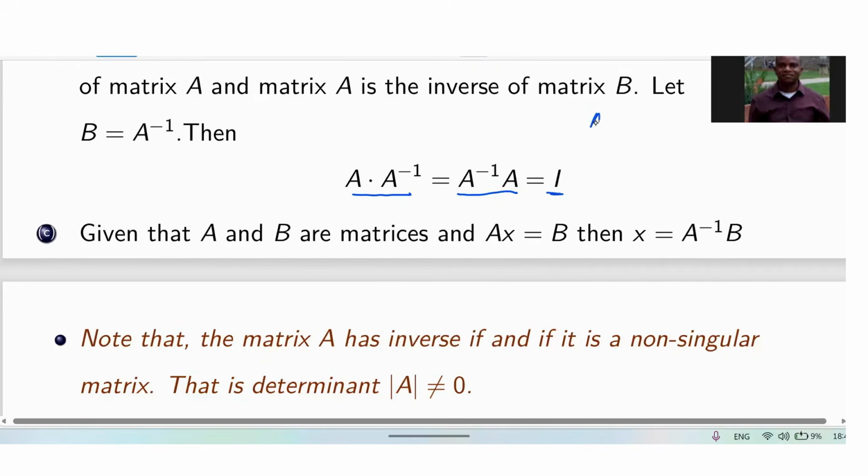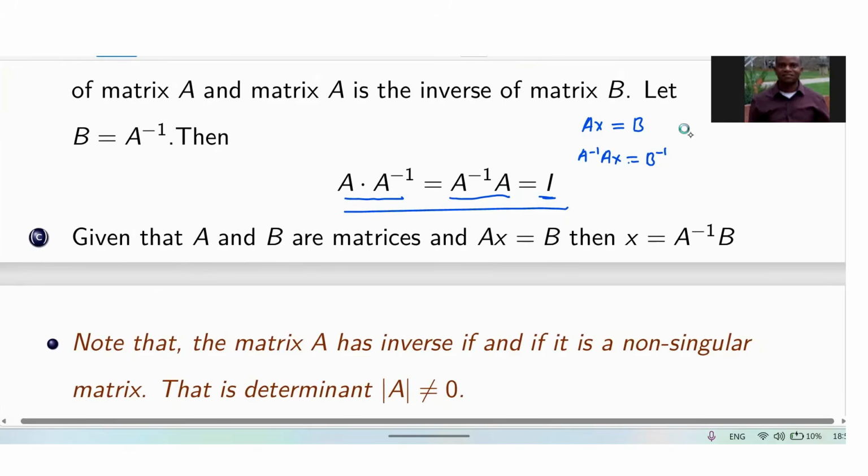So if we have A times X is equal to matrix B, then using this property, I can multiply on the left-hand side by the inverse. So A inverse times A times X is equal to, I need to multiply by the inverse on both sides. Sorry, not B inverse, but A inverse.